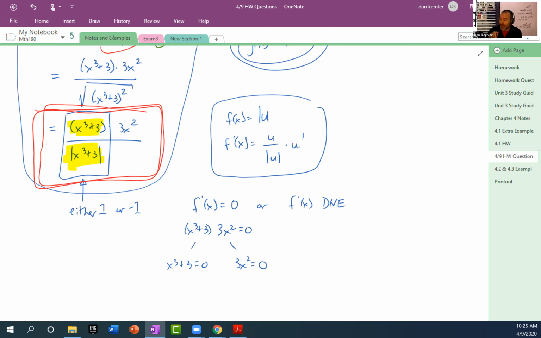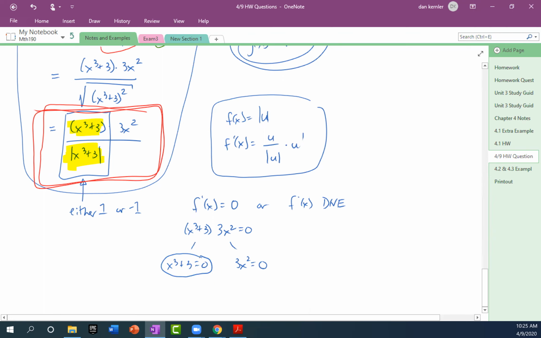If x cubed plus 3 is 0, it will be 0 over 0. That's right, Sandra. It would be 0 over 0 because the x cubed plus 3 is in the numerator and denominator. So this is a weird one. If x cubed plus 3 is equal to 0, that actually belongs over here. That means the derivative doesn't exist because it's 0 over 0. The derivative doesn't exist there.